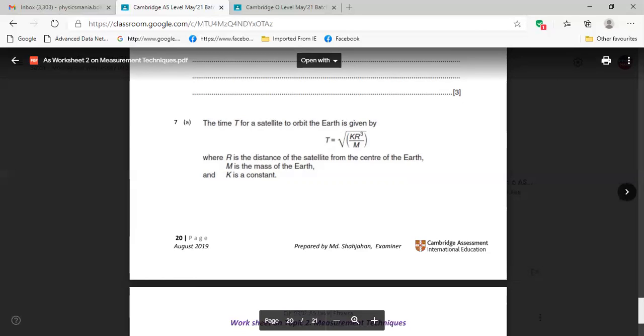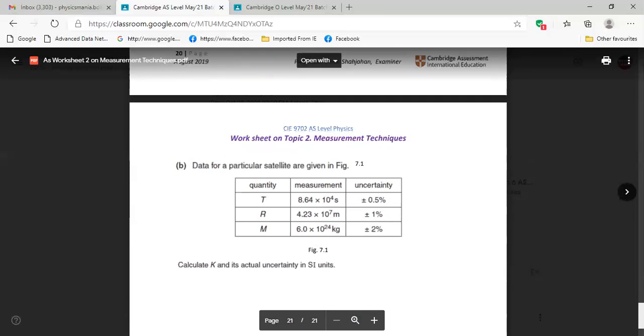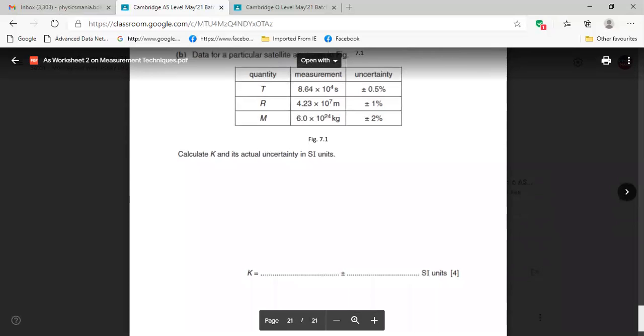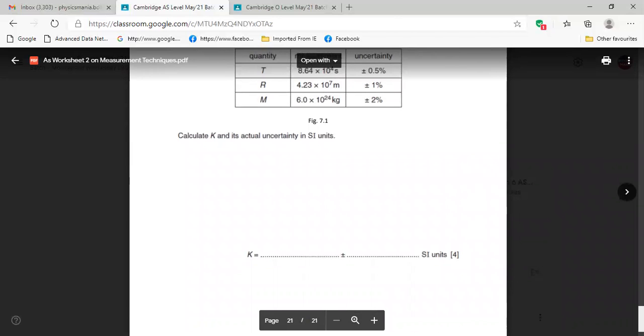You tell me the equation first. K is equal to T square M by R cube. Yes, it is correct. Then you continue by putting the values.